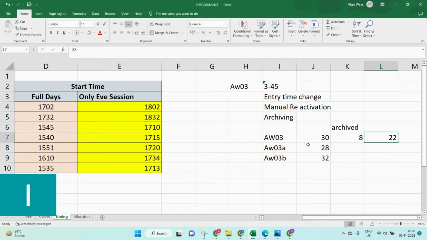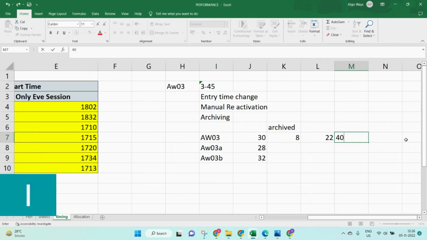Next day, those 8 people who archived and have already subscribed will simply go and deploy the strategy again. So this becomes 30, plus the new people, suppose 10 deployments. So automatically the strategy goes to 40 deployments, while the others remain at 28 or maybe less, or 20.